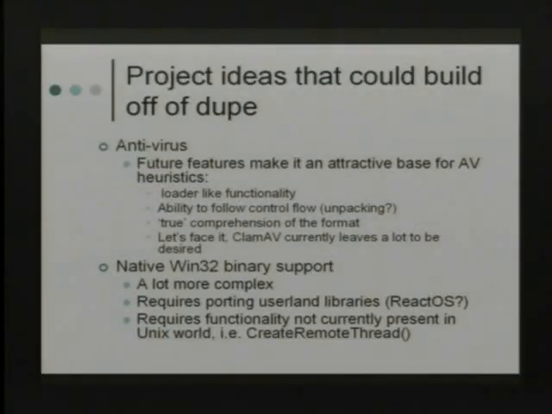It would be interesting to have native 32-bit Windows binary support in Linux. It is a lot more complex though, and we also have to port over the user land. We also have problems with the process versus thread model of how things are done.